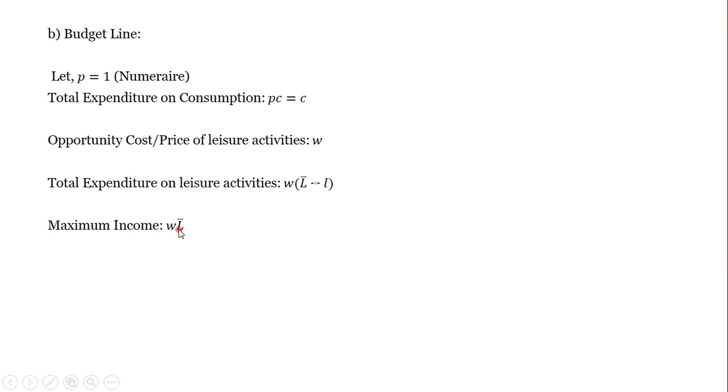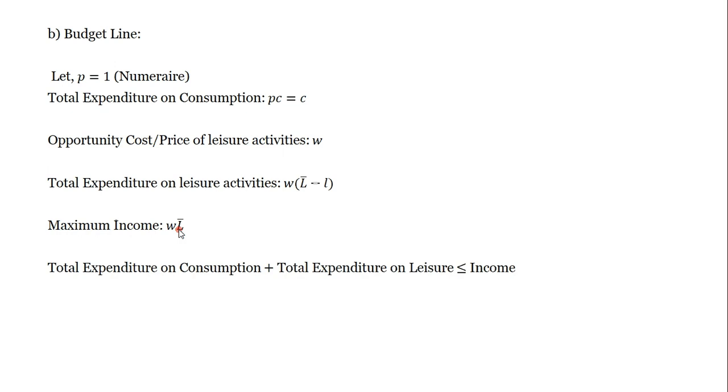So our budget line looks like total expenditure on consumption plus total expenditure on leisure must be less than or equivalent to income. If I substitute these two things, then I'll get my budget line or budget set.